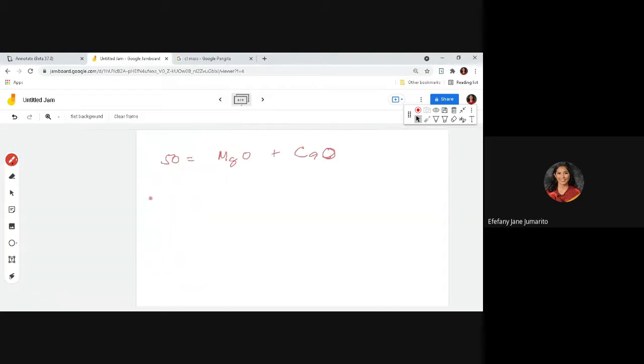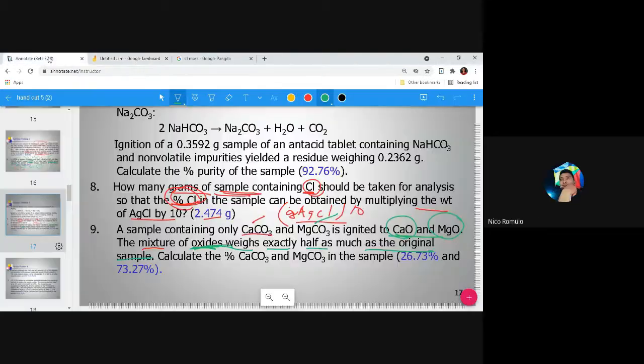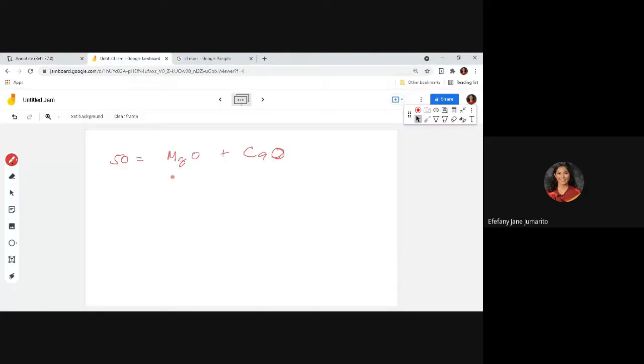So, equation 1 says that your MgO, because we know that MgO, asa man gikan ng MgO? Sa magnesium carbonate, ma'am. Okay, sa magnesium carbonate. Now, so what we are going to do here is let's use the mass of your magnesium carbonate.